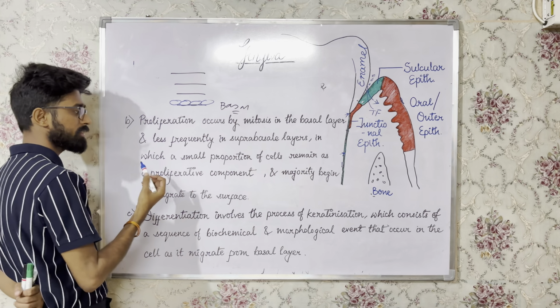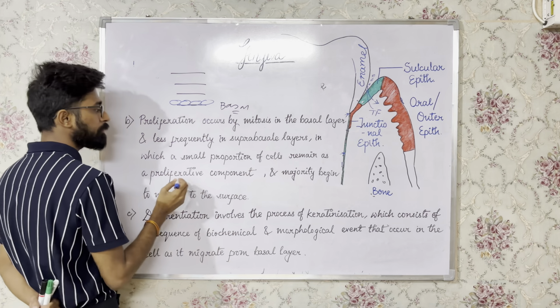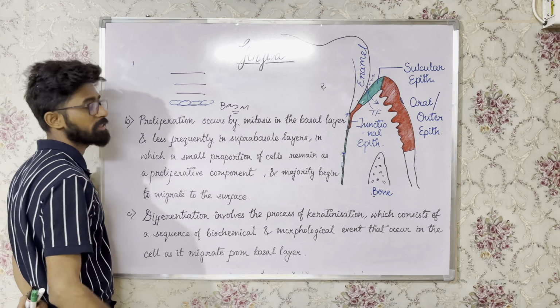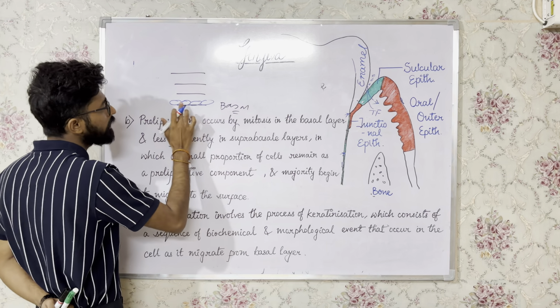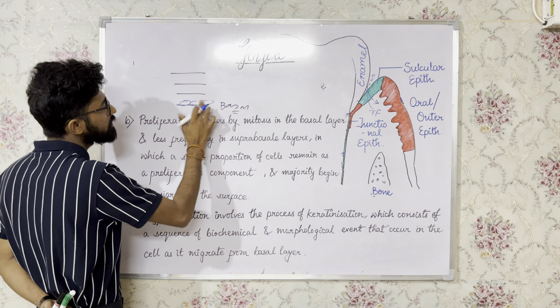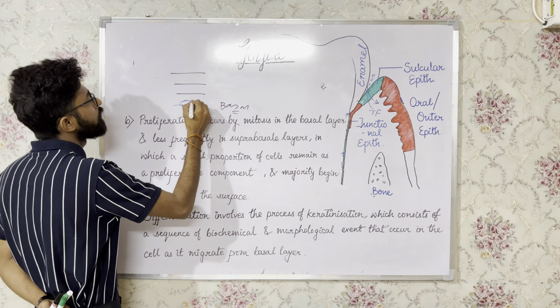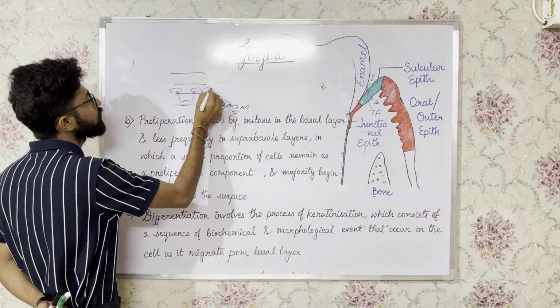Next part, what it is saying, in which a small proportion of cells remain as a proliferative component and majority begin to migrate to the surface. This means, now out of these 4 cells, what will happen? 3 cells, majority of the cells will migrate towards the surface. 1, 2, 3.